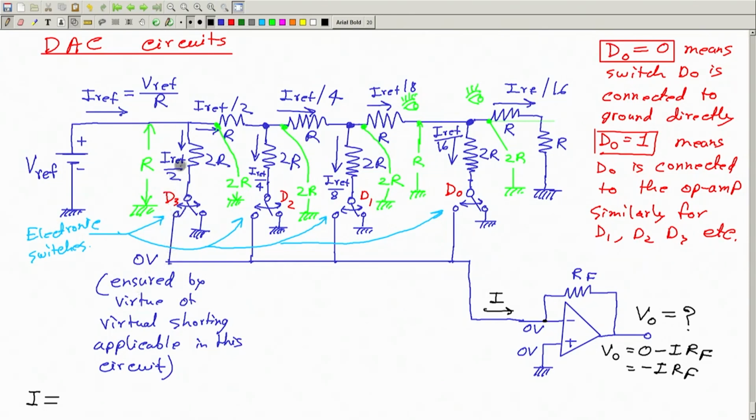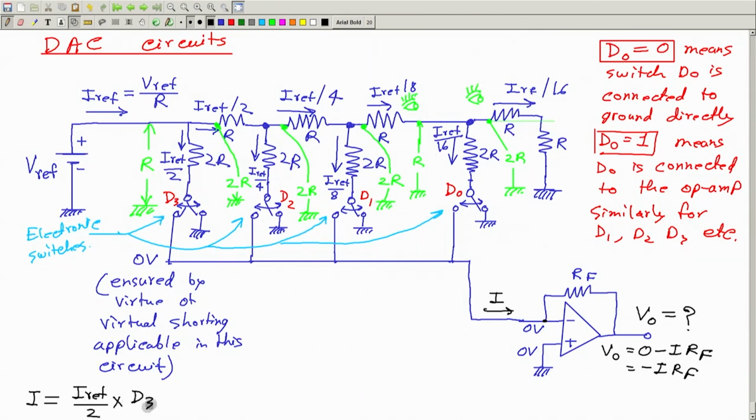And this current is IRF by 2. If this switch is connected to the op amp, then this current IRF by 2 will come like this. So I can write I is equal to IRF by 2 multiplied by D3.